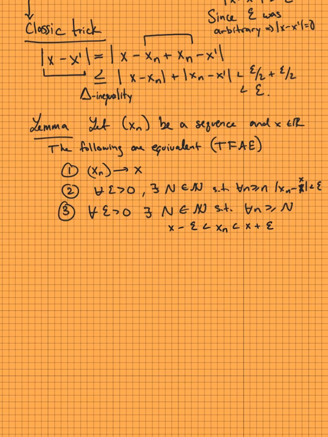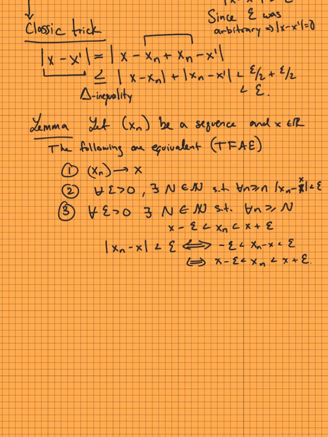And the proof is just, if you write |xn minus x| less than epsilon, this is equivalent to negative epsilon less than xn minus x less than epsilon, and adding x to every side, this is the same as x minus epsilon less than xn less than x plus epsilon.